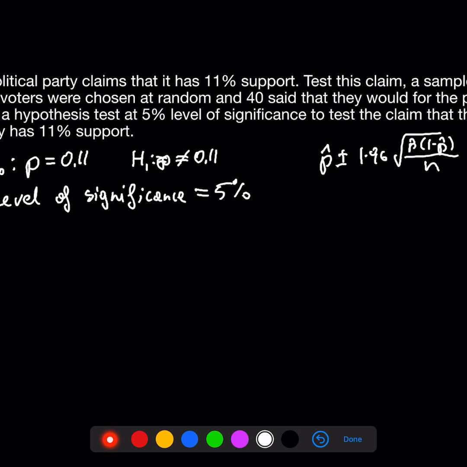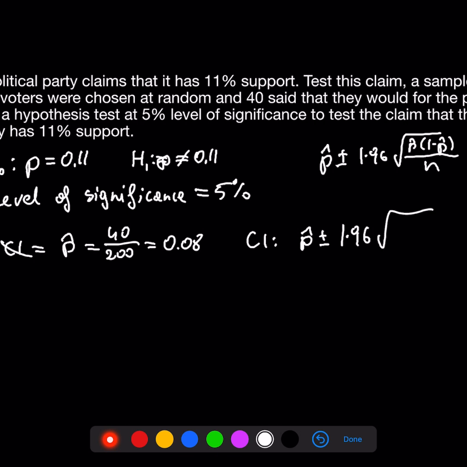We're going to get that the CI equals, from sample proportion, so actually, let's add this first. Sample proportion equals 40 divided by 500, and that equals 0.08. And then the CI is the sample proportion plus or minus 1.96 times the root of p hat times 1 minus p hat, divided by n.